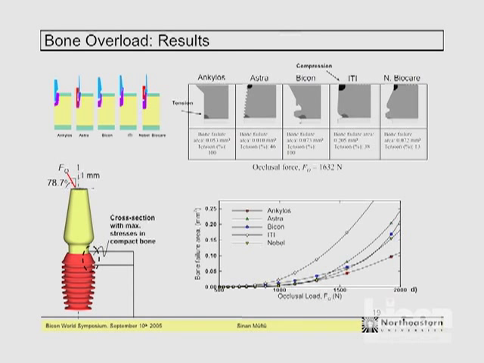I've read numbers of 2,000 newtons on individual implants or teeth. So when that happens, some differentiation starts to happen between the implant systems.